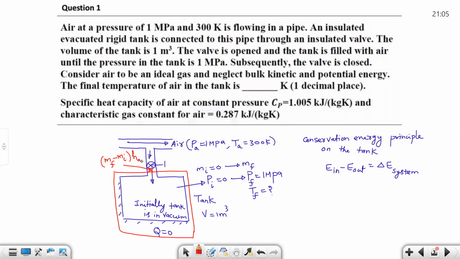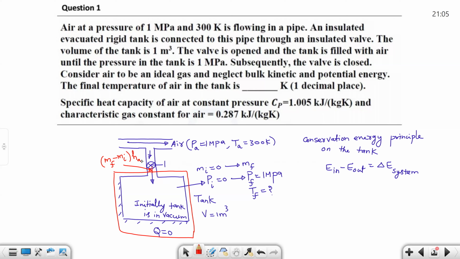Kinetic energy and potential energy are neglected. The mass flowing at the inlet is mf minus mi, the final mass minus the initial mass. Since it is flowing, it will have enthalpy.